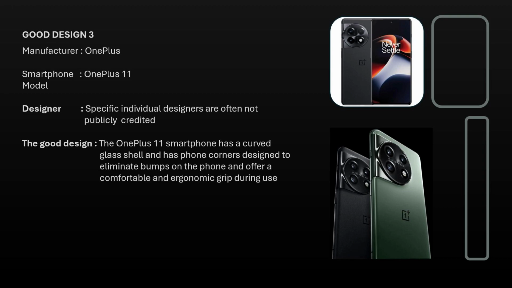The OnePlus 11 smartphone has a glass shell and a curved corner design to eliminate bumps on the phone and offer a comfortable and ergonomic grip during use.